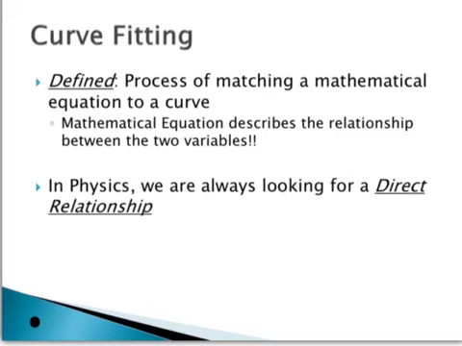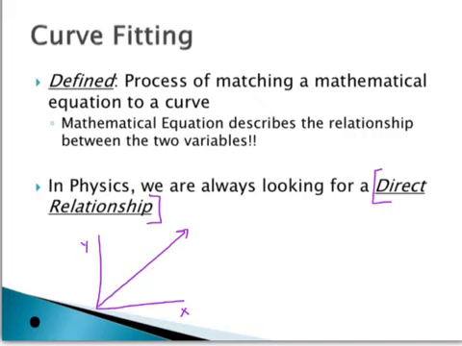All right, the key thing here is that when doing curve fitting, what we're always trying to get is the simplest relationship in physics, which is a direct relationship. And again, to review this from the last lesson, a direct relationship is one in which, looking at the variables, you see that when you graph x versus y, they have the same effect on each other. So increasing the x would cause an increase in the y.